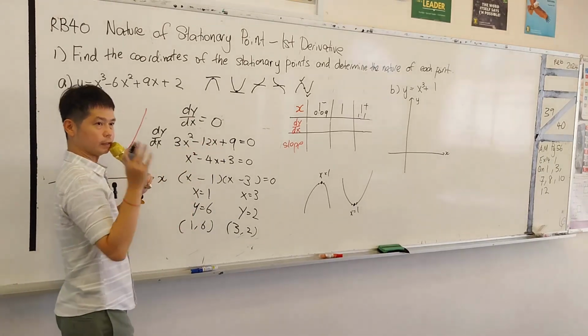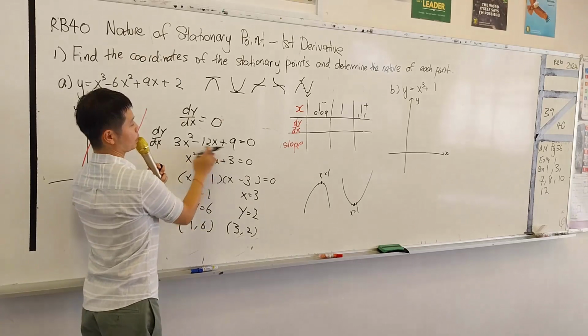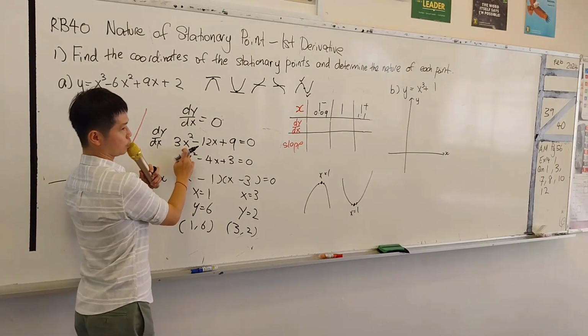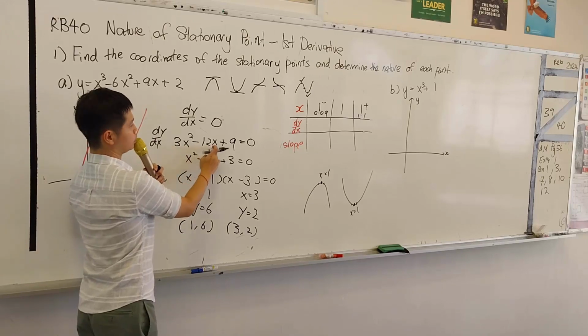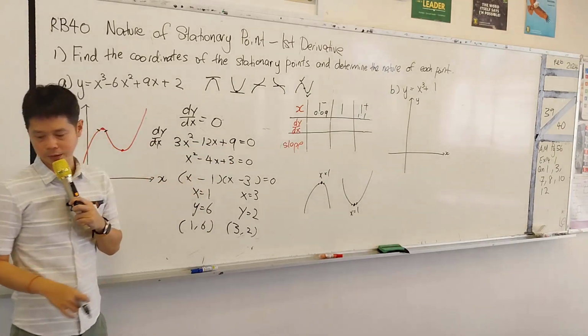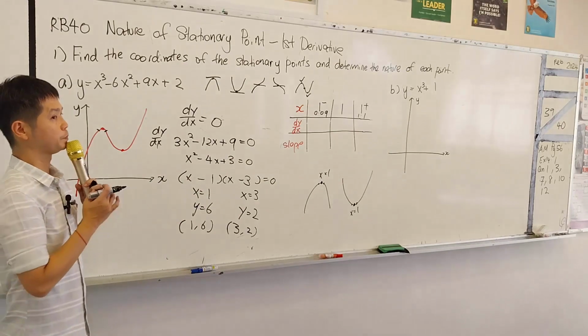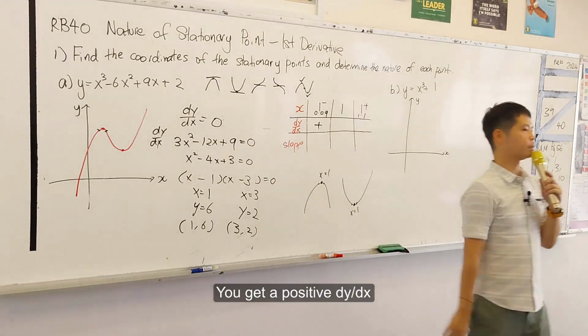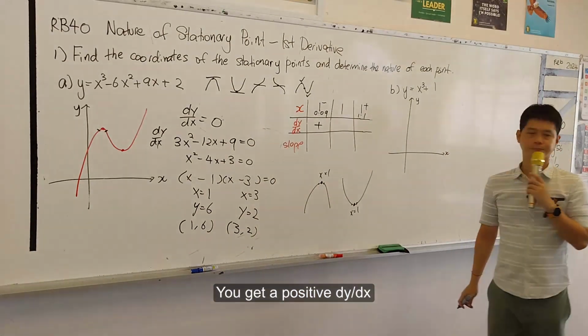What is the slope if x is 0.09? What is the slope, plus or minus? You have to press calculator. 3 times 0.09 squared minus 12 times 0.09 plus 9. Just press calculator. The number is a positive or negative number. You get a positive number. You don't believe me, you press out, you get a positive number.